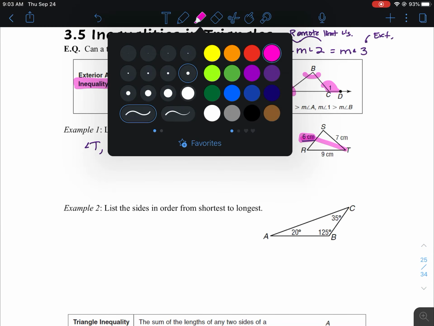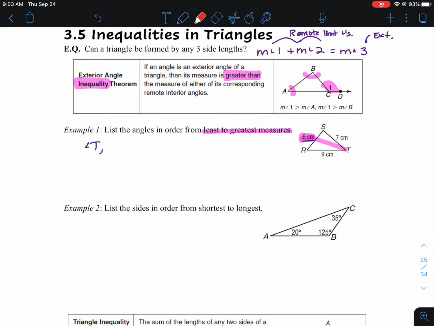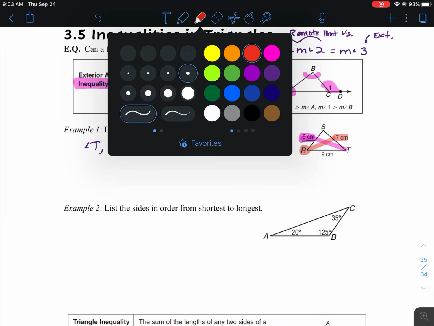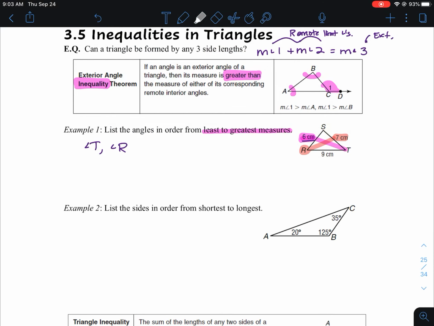My next smallest side is 7, so the angle that's opposite 7 is what's next: angle R. And finally, my biggest side is 9, so the angle opposite that is angle S. Another way I sometimes tell kids to do it is to say my smallest side is SR, my middle side is ST, and my largest side is RT.